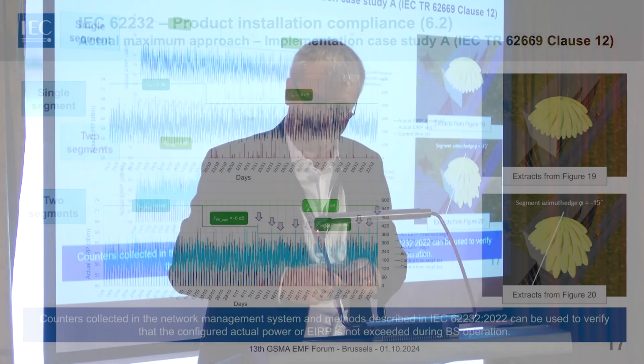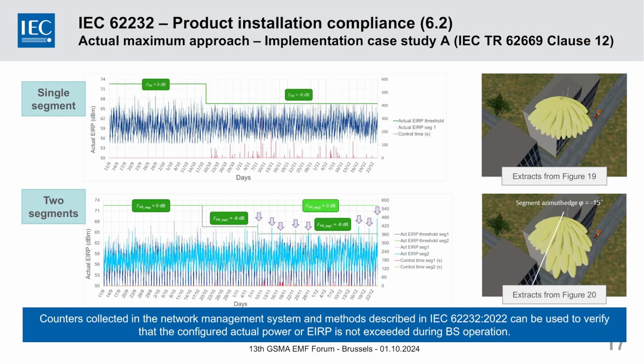The second picture at the bottom is a recording of the simulation study we showed earlier with two segments. One is controlled, the dark blue, and the one that is not controlled is the light blue. And same, the threshold is the green bar.